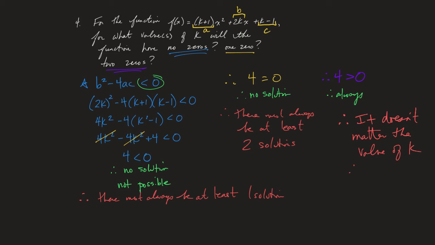So what that means, therefore, k can be any real number. The function f of x always has 2 solutions. Always. There we go.